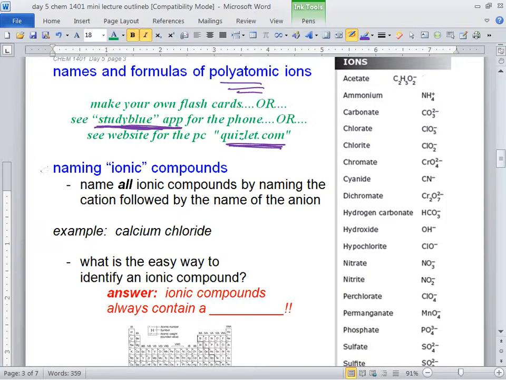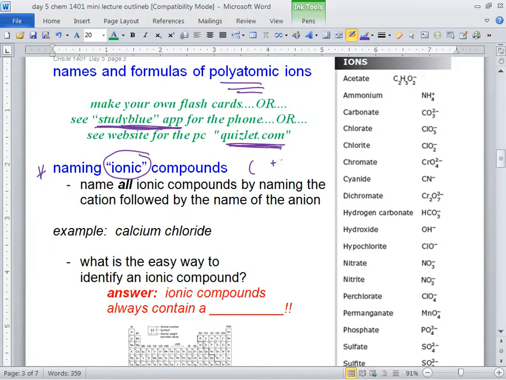So how do you name these ionic compounds? Now what is ionic? Ionic is always something positive, some positive ion, and then some negative anion. That's always what these ionic compounds are. Okay. In fact, what I should do here, show you the whole story.